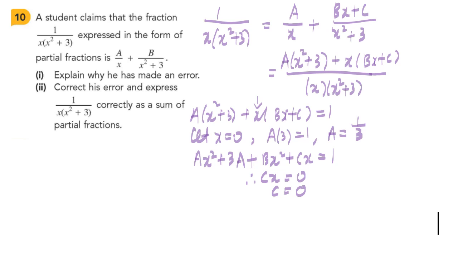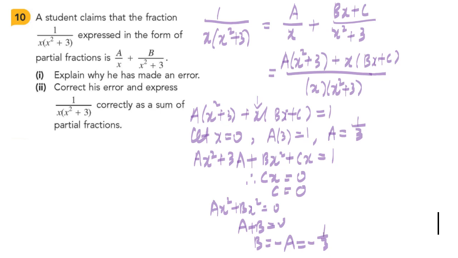And also you can see that we don't have an x squared term on my right hand side, so therefore ax squared plus bx squared equals 0. A plus b equals 0, so b equals negative a, which equals negative 1/3.